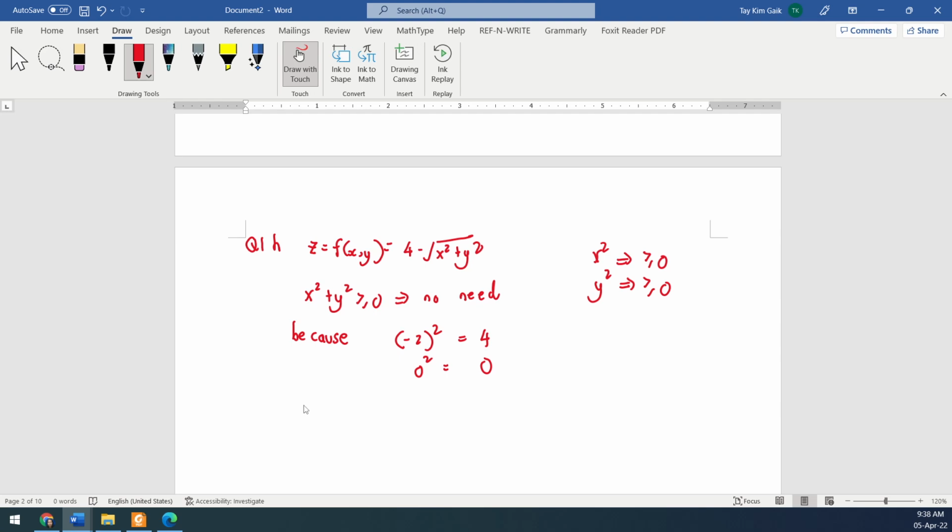That's why in this case there is no restriction on the domain. x belongs to the real numbers, y belongs to the real numbers.